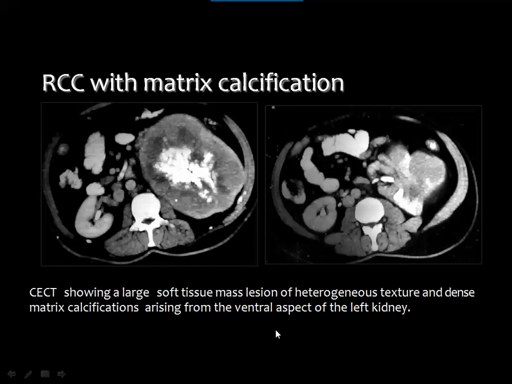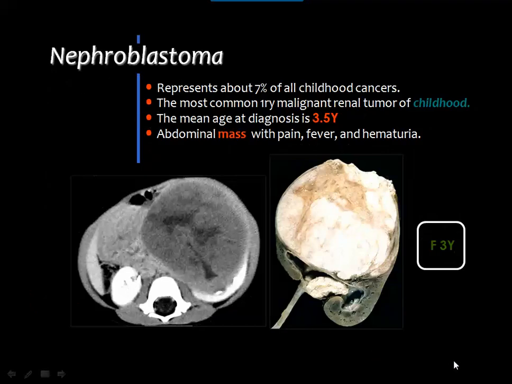And you should know that also the renal cell carcinoma, as well as the bronchogenic carcinoma and the hepatocellular carcinoma, can show gross calcification. And this is an example. This is the right kidney, which is pushed downward by a huge mass arising from the left kidney with extensive calcification inside.